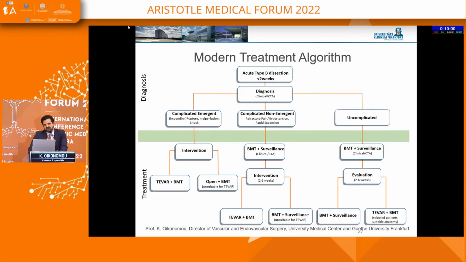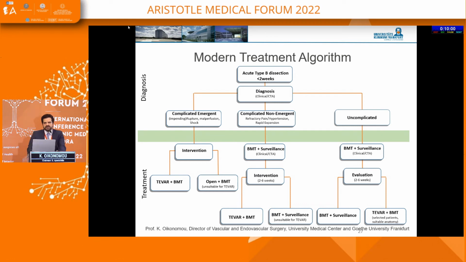And currently, the treatment algorithm that we're using is somewhat more complex than this black and white differentiation between complicated and uncomplicated. Complicated patients with malperfusion or rupture are immediately treated with endografting. Patients that have clinical criteria for complications, meaning pleural effusion, progression of the dissection, recurrent pain, or refractory hypertension, are mostly treated in the subacute phase, approximately 2 weeks after the acute event.